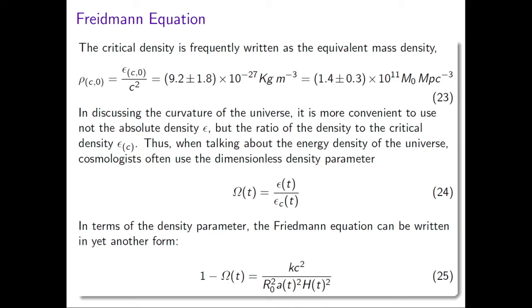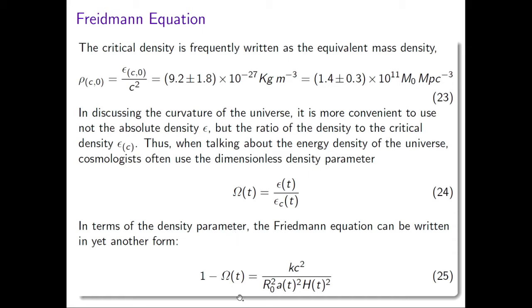This is widely accepted for calculation purposes that we can use to compute the nature of the universe. In terms of density parameter, which makes more sense in real world conditions, we tend to represent the Friedmann equation in terms of density parameters.